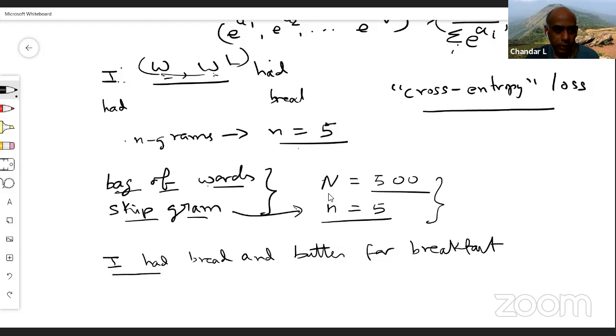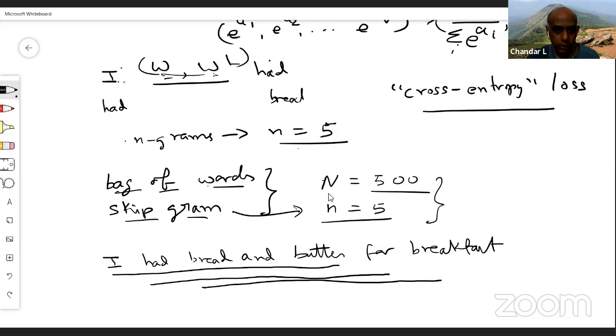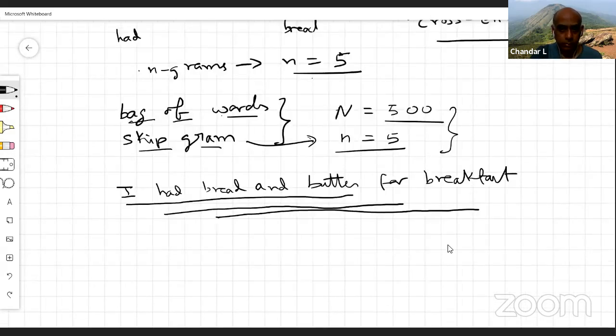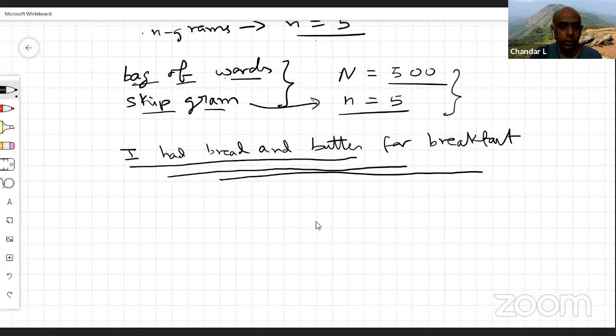So 1, 2, 3, 4, 5 is a 5 gram. Then "had bread and butter for" is the next 5 gram. And then "bread and butter for breakfast" is the third 5 gram. Here we don't have any more 5 grams, but of course, when you have a much bigger corpus, you are going to have many more 5 grams.